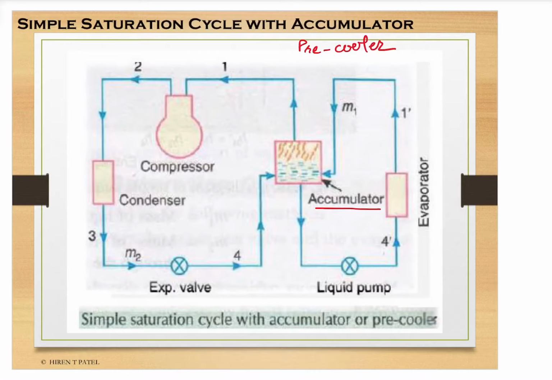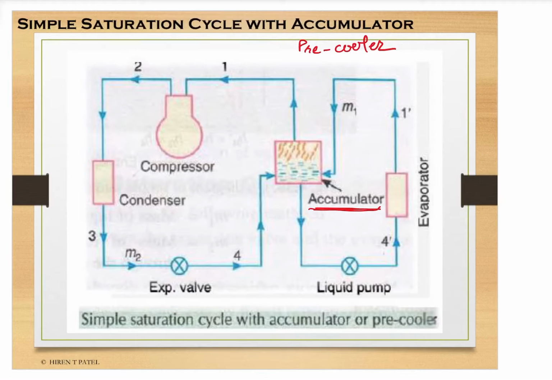So if the compressor is supplied with liquid along with the vapor refrigerant, then the compressor has to do additional work of evaporating and raising the temperature of the liquid refrigerant. So normal working of the compressor will not be there. So in order to avoid this difficulty, an insulated vessel known as the accumulator or pre-cooler is installed between the compressor and evaporator.